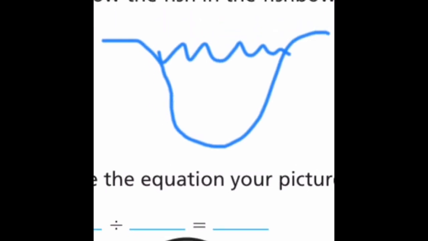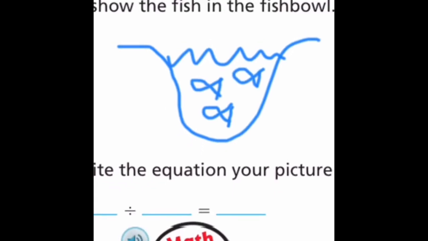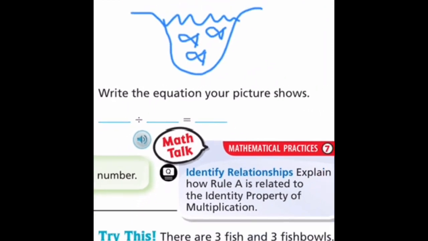So my 3 fish are going to look like, there's 1 and 2 and 3. Write the equation for your picture, right?